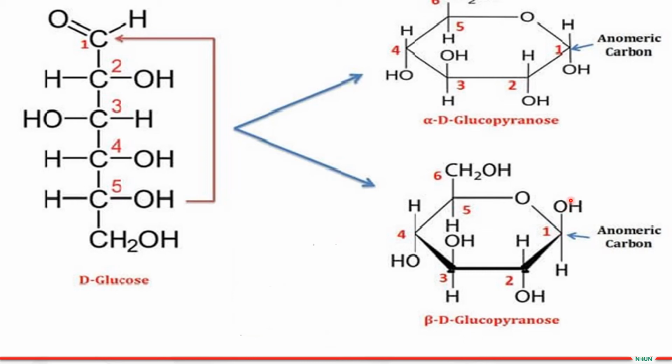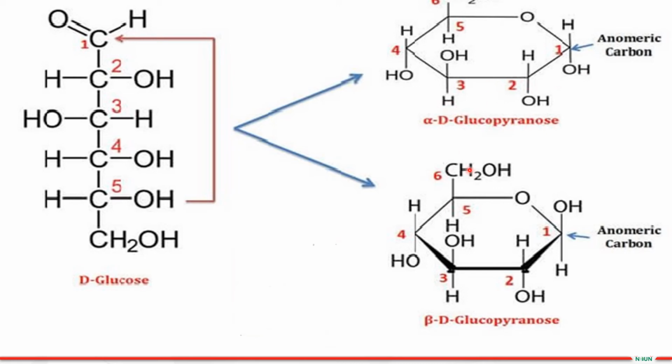When the OH group attached to this carbon 1 is facing up, you say it is a beta isomer. This carbon 1 is called an anomeric carbon. And when the OH group attached to carbon 1 is facing down, you say it is an alpha isomer.